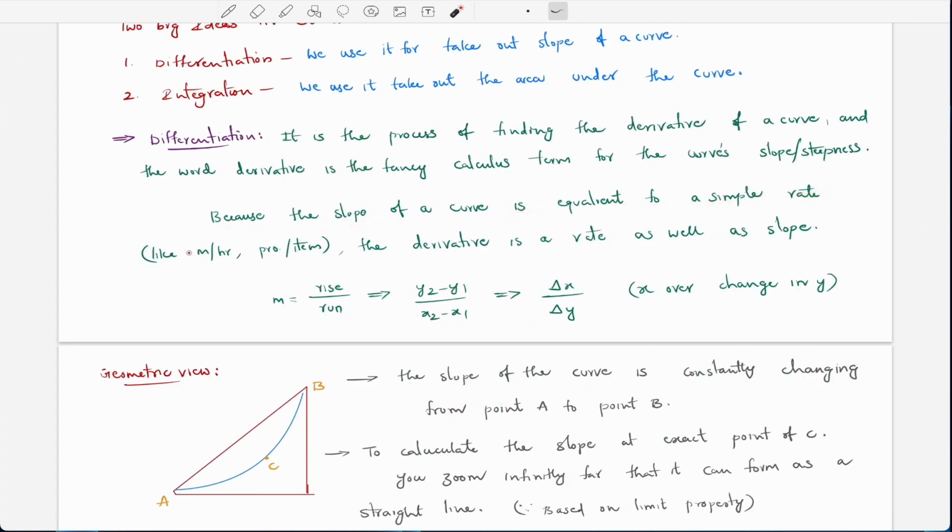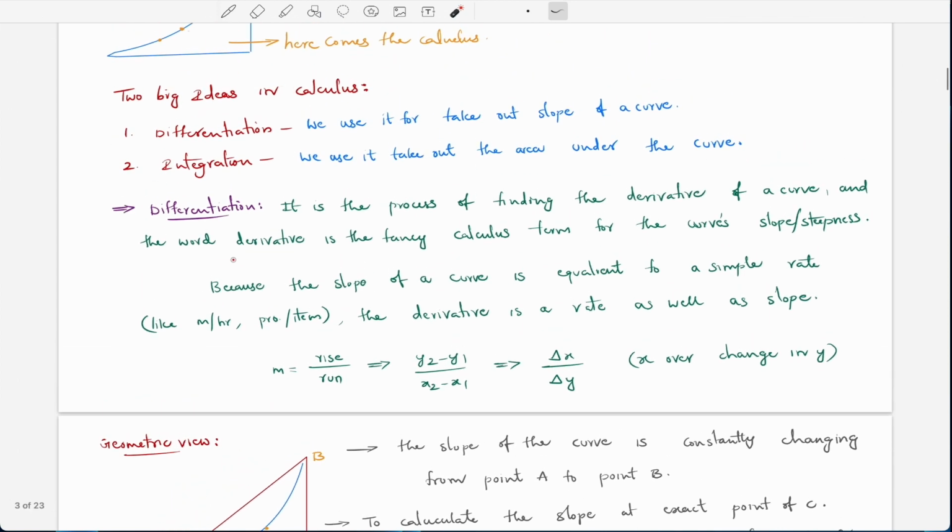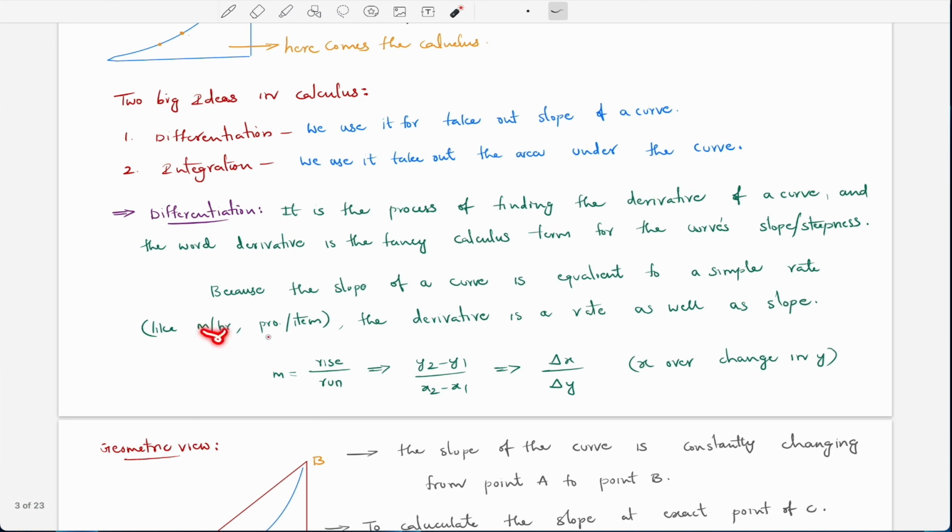The slope of the curve is equivalent to a rate, like meters per hour, or price per quantity, or product per item, etc. The derivative is a rate as well as a slope.